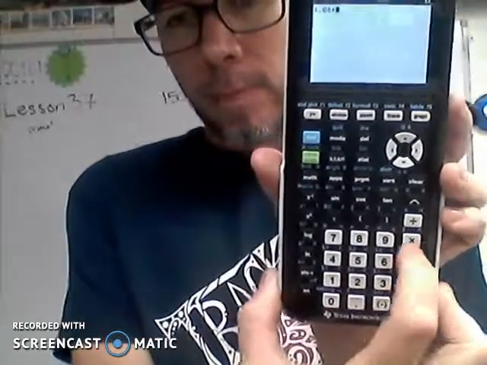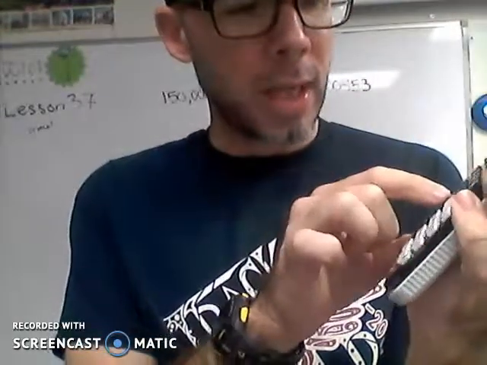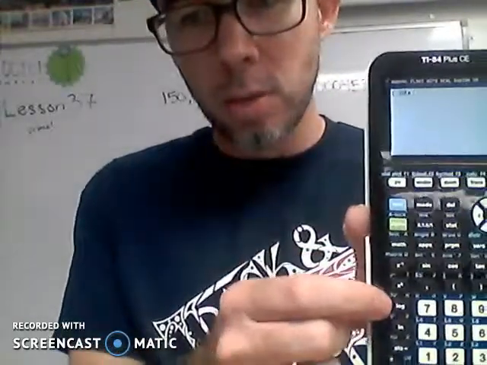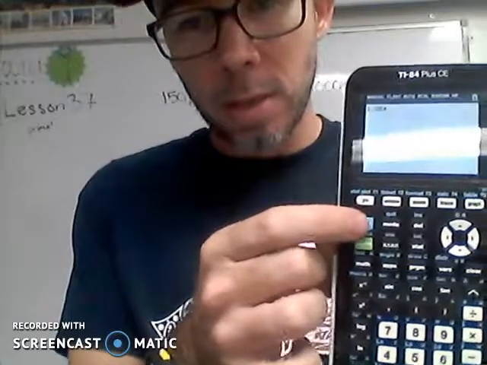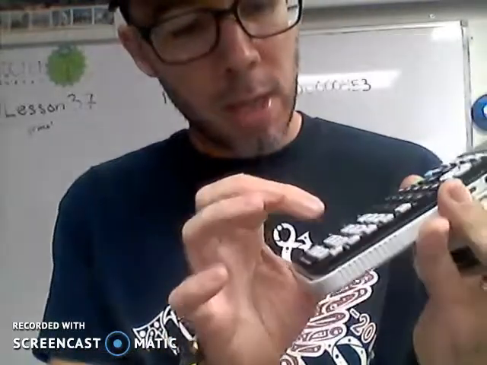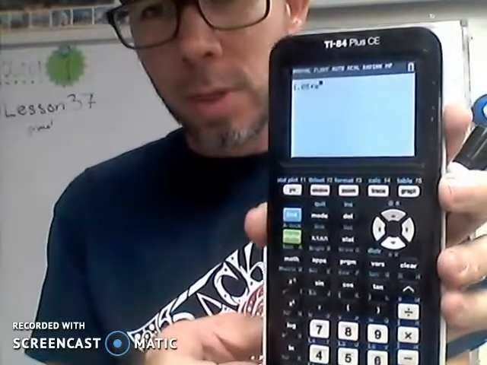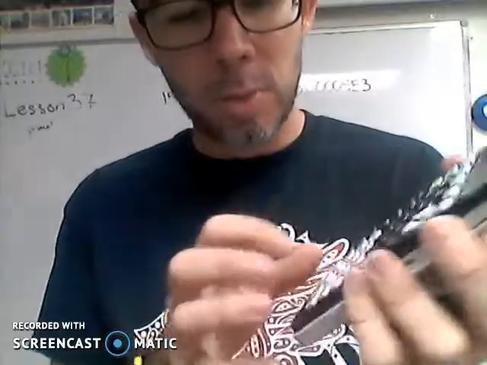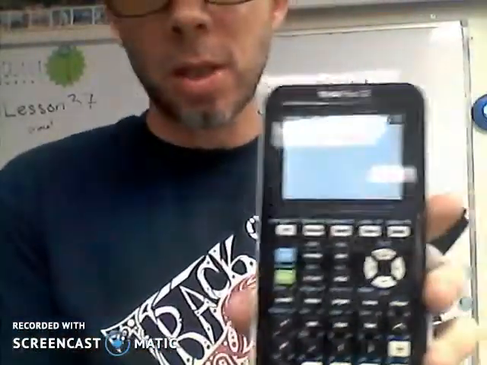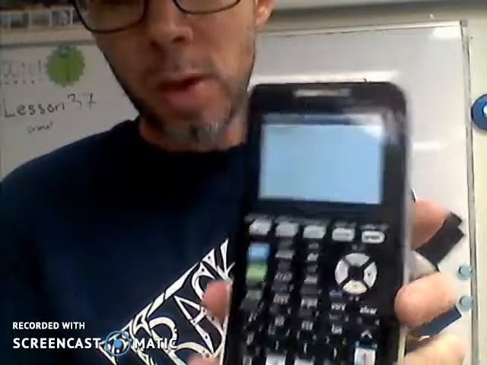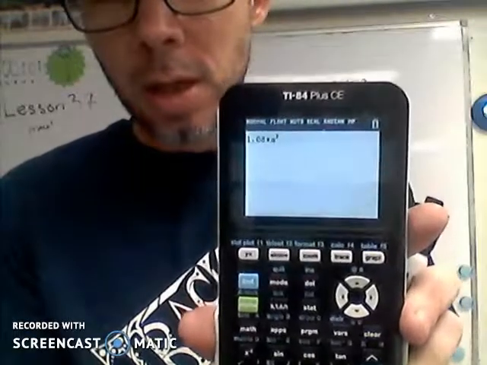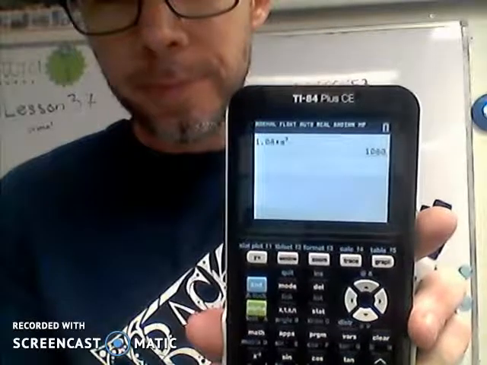So you can say times, and then access that 10 to the x, it's in blue, by using the blue second button. You go second, and then push that button that says log. Then it'll type it in, and you can put in your 3. It makes it look kind of funny, but that's one way to do it. And then when you hit enter, it'll write that thing out the long way.